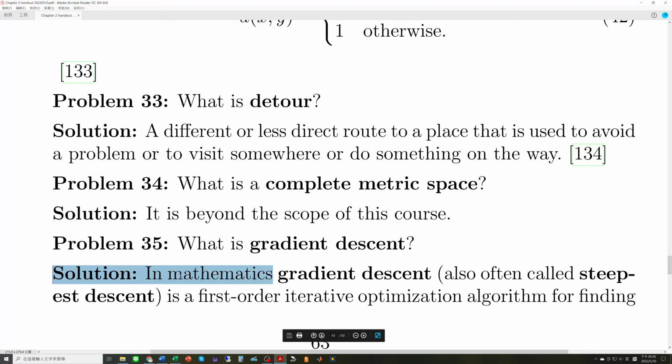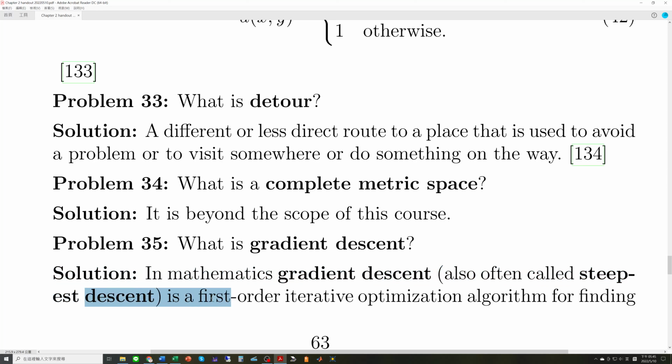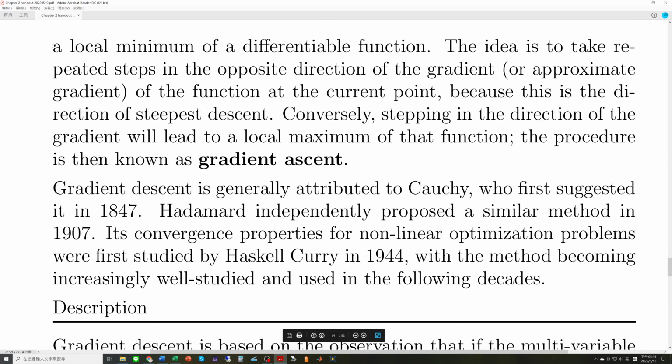Solution: in mathematics, gradient descent, also often called steepest descent, is a first-order iterative optimization algorithm for finding a local minima of a differentiable function. Please note that it can find a local minima only, not always the global minima.